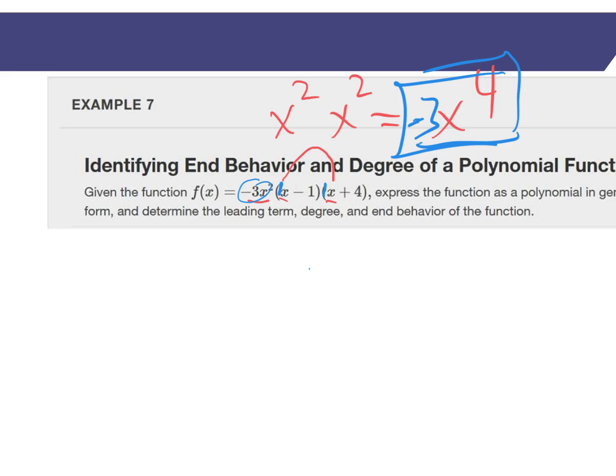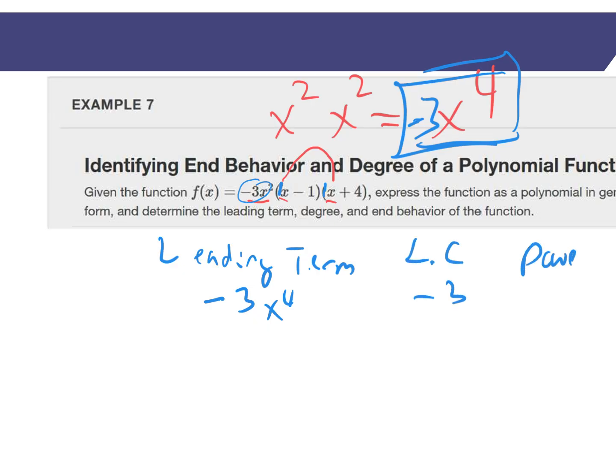You can if you want. Since it's all about the leading coefficient, the highest x's will be when x times x becomes an x squared times the other x squared. So if my leading term is negative 3x to the 4, that means the leading coefficient is a negative 3, and the highest power of this polynomial is only going to be a fourth degree, a 4.